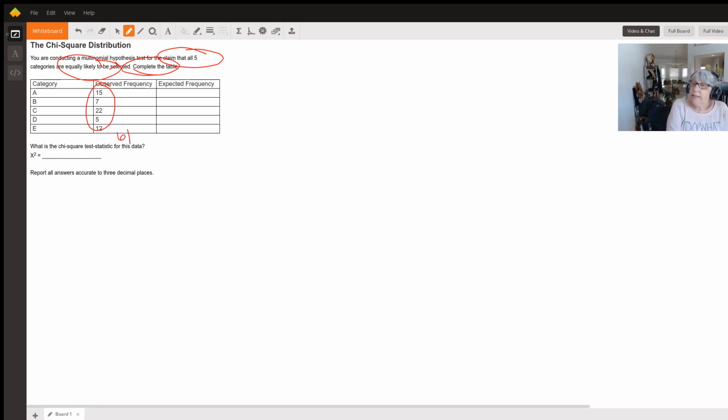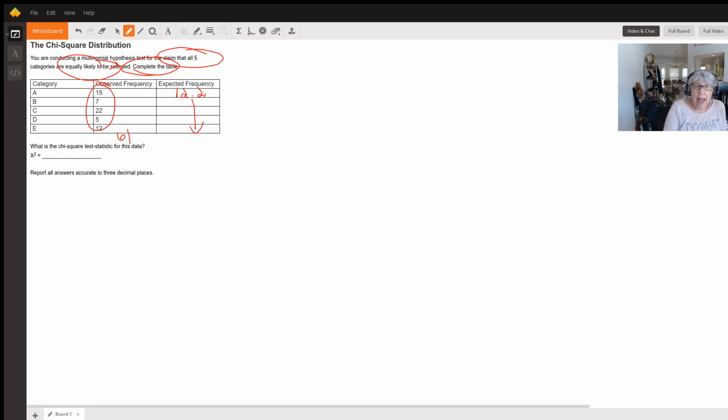If I divide those 61 observations equally among 5 categories, that's going to be 61 divided by 5, I'm going to have 12.2 observations in each category for my expected. So we're going to have 12.2 in each one of the categories.